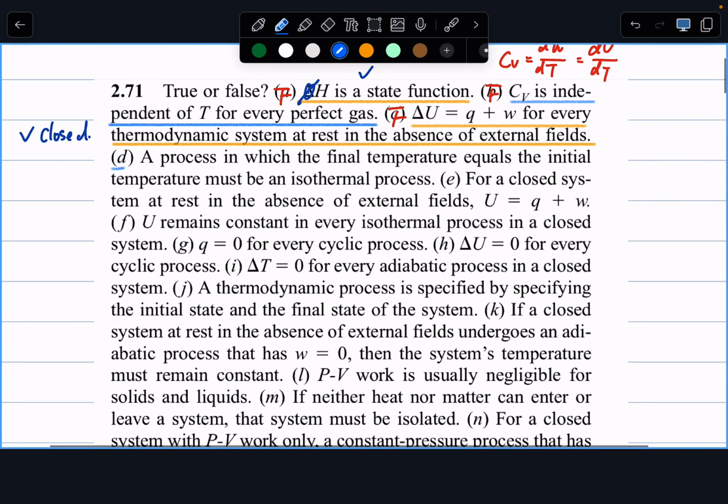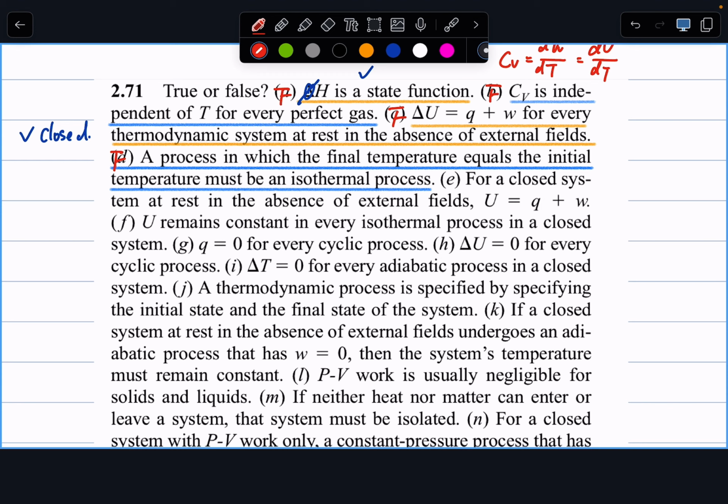Next up, a process in which the final temperature equals the initial temperature must be an isothermal process. So this one is not true. The way to think about it is you can think about a random picture. Let's say we're plotting temperature with respect to volume. What this question tells me is that my initial and final temperature is the same.